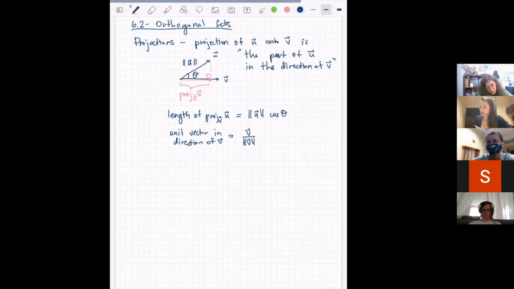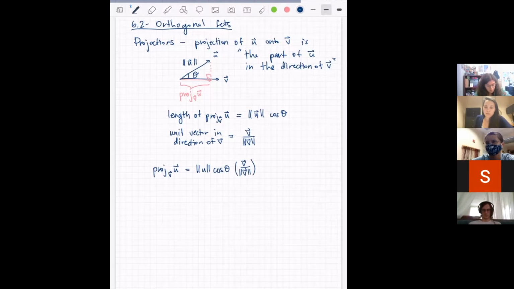And then if we multiply it by the length of the projection of U onto V, we get that vector there. So taking these two things and multiplying them together, the actual projection vector should be equal to norm of U times cosine theta times that unit vector, V over norm V.